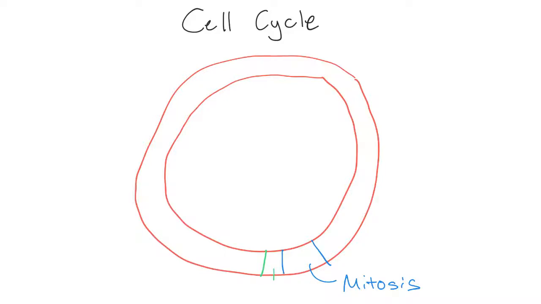And the end of mitosis is the splitting of the cell, which is called cytokinesis. Cyto means cell, and kinesis means movement.